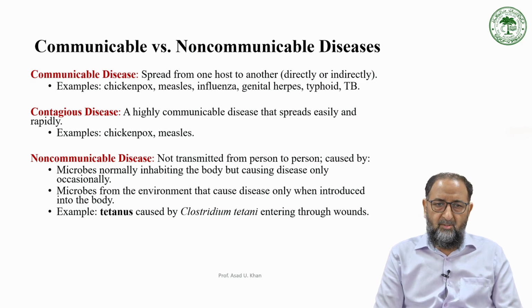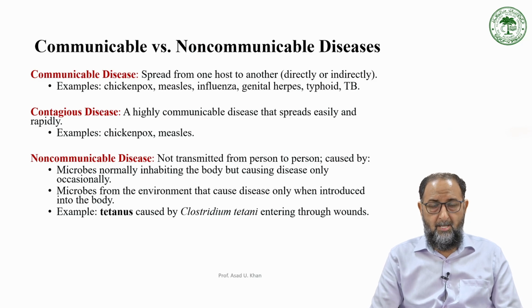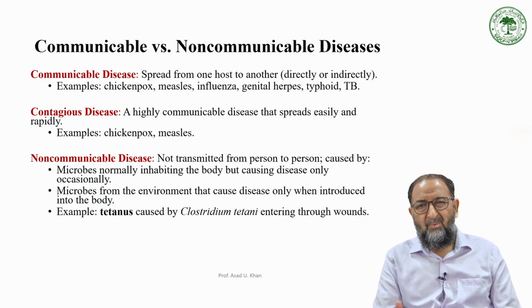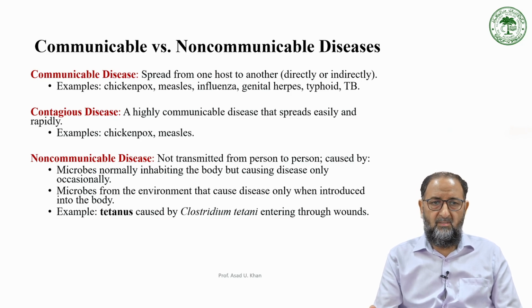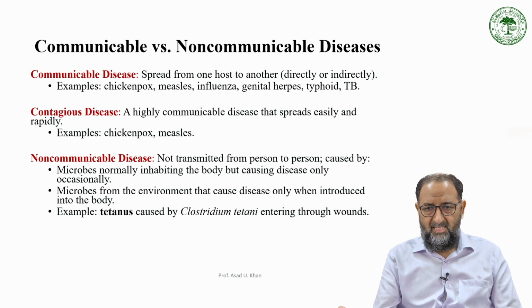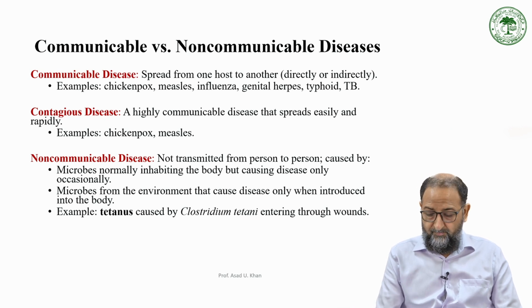They may be caused by microorganisms normally inhabiting the body but causing disease only occasionally in one person, or by microbes from the environment that cause disease only when introduced into the body. For example, tetanus is a non-communicable disease, although it is caused by Clostridium tetani entering through wounds.